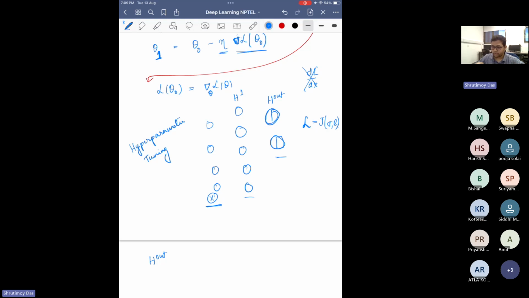We cannot say that this number of neurons will definitely work well for this problem. So it is a case of checking out different combinations of the number of neurons and number of layers, and then taking the model which gives the minimum loss out of all of these combinations. Is that clear?